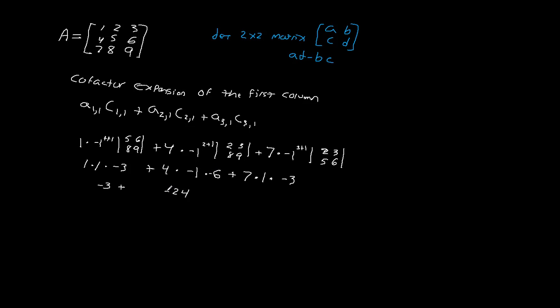So negative 1 times negative 6 is positive 6, times 4 is positive 24.